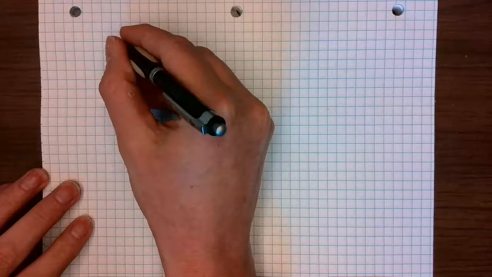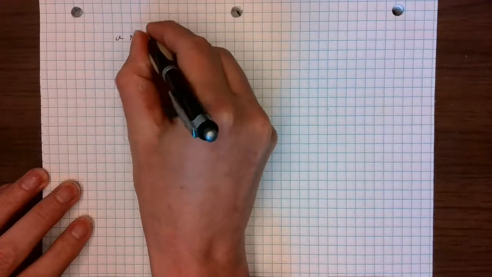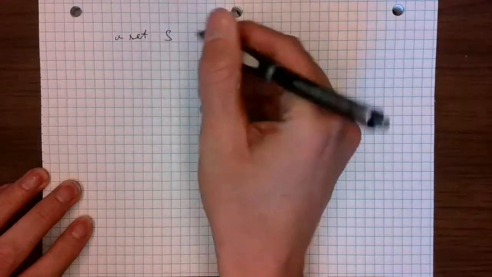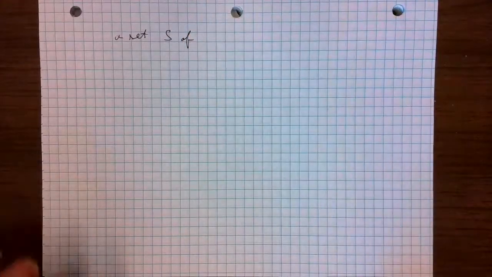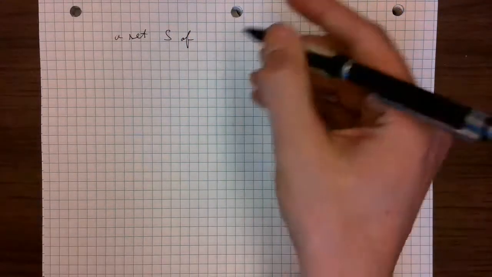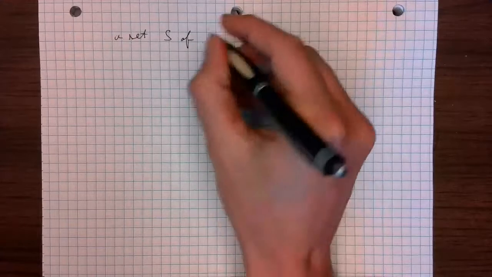So let's talk about the kinds of region that we want. We really want a set S of the Euclidean space, so maybe of the plane.